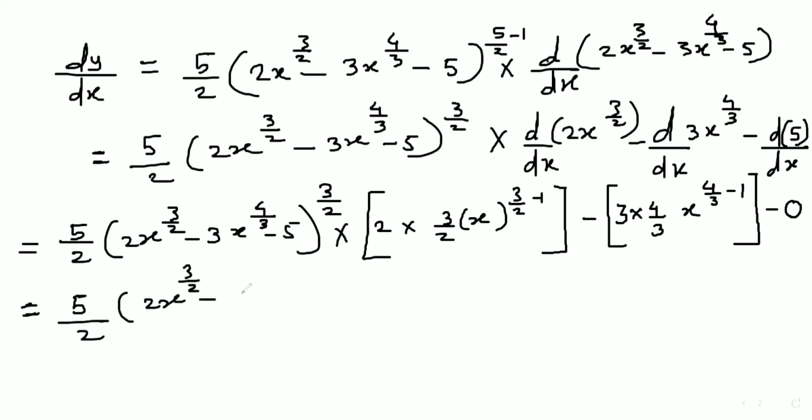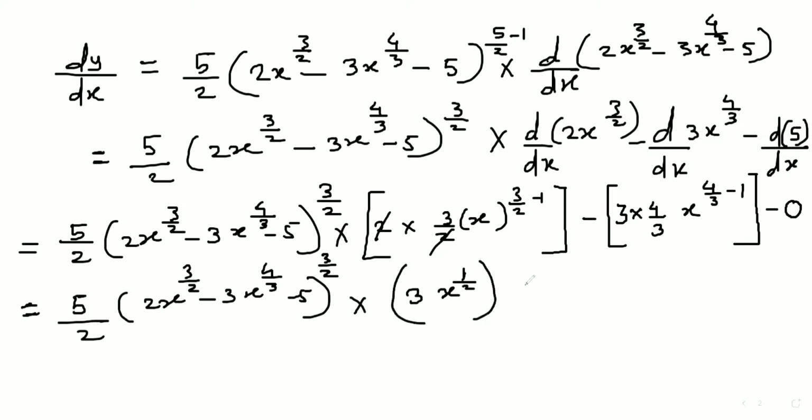2x raised to 3 by 2 minus 3x raised to 4 upon 3 minus 5 raised to 3 by 2. We have written this step as it is, into the following. Let's find the answer of this. 2 will get cancelled, and therefore 3 x raised to, as we know 3 by 2 minus 1 is half, so let's write 1 by 2, and this is the second term.